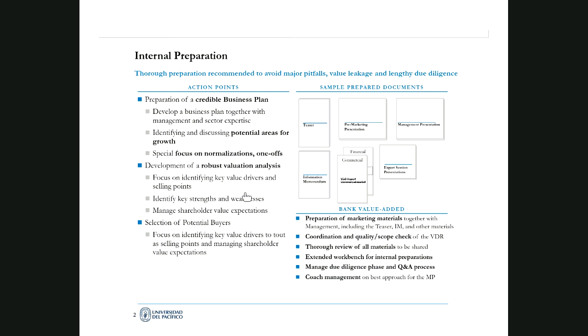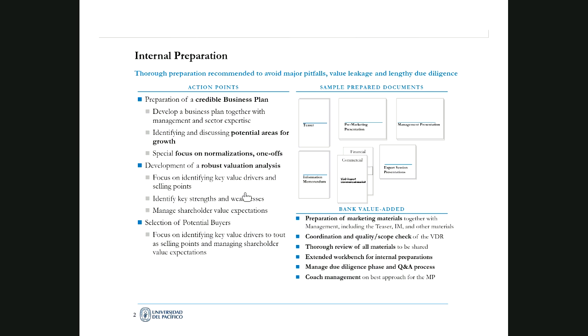opportunities for growth. You need to identify potential areas for growth, the strategy to see how this company may evolve in the future, and where you see together that you can have some more value added or some, let's say, path for growth, okay?